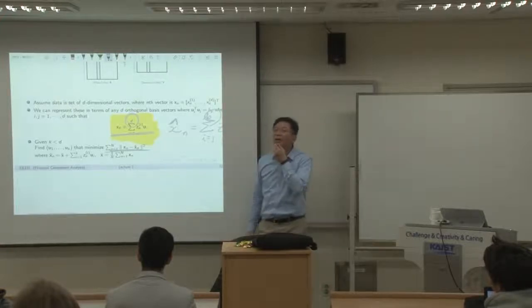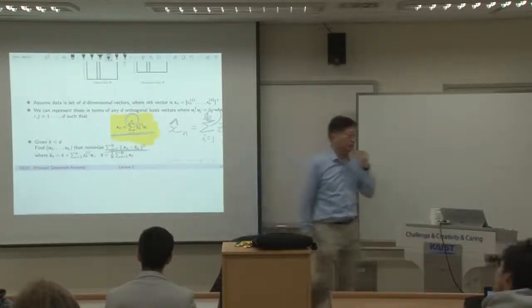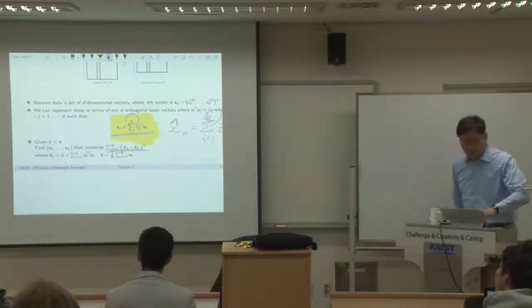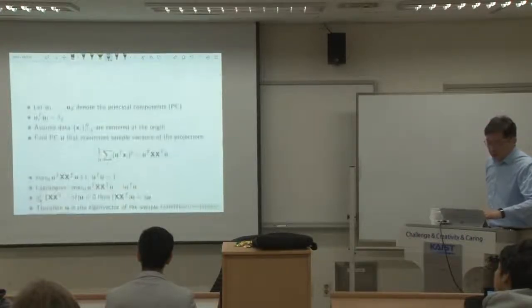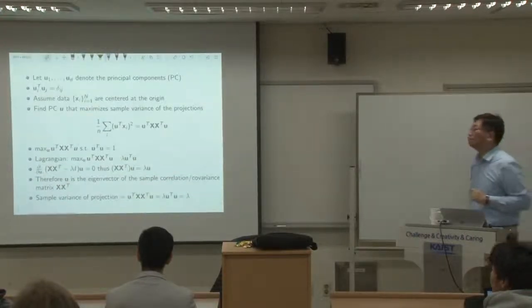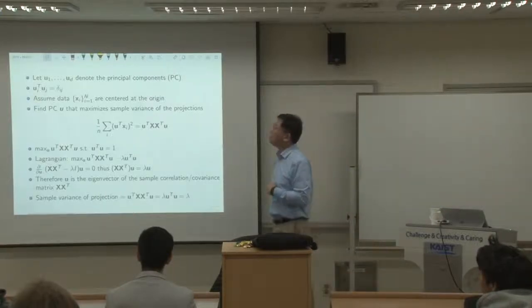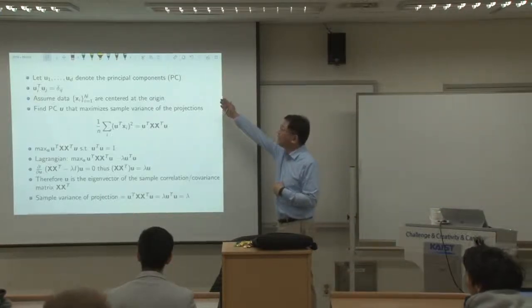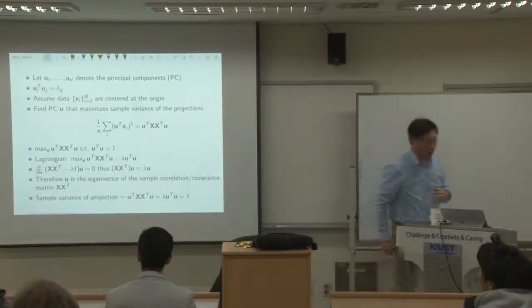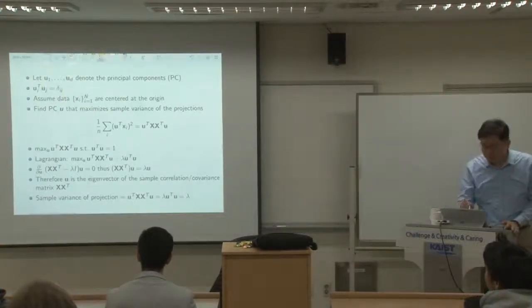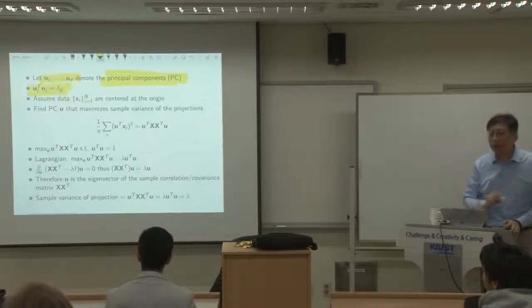How do I find that U? U1 through UD are called the principal components. What does this mean right here?